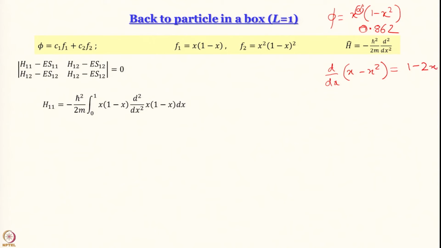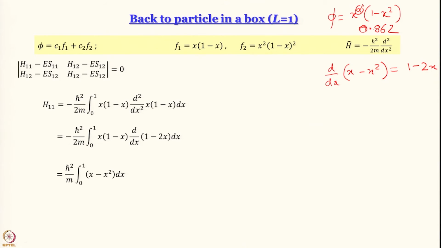For the second derivative we have to differentiate this first derivative, 1 minus 2x, and we have got minus h cross square by 2m outside the integral. What is d dx of 1 minus 2x? I will not even bother writing, it is simply minus 2. So, that minus sign comes out and the 2 cancels with the 2 in the denominator. So, I am left with h cross square by m multiplied by the integral from 0 to 1 of x minus x square.